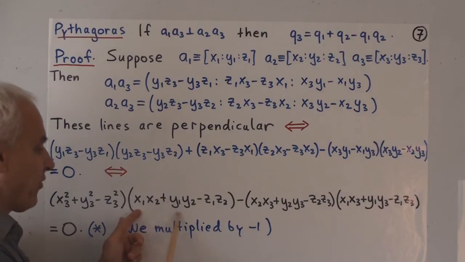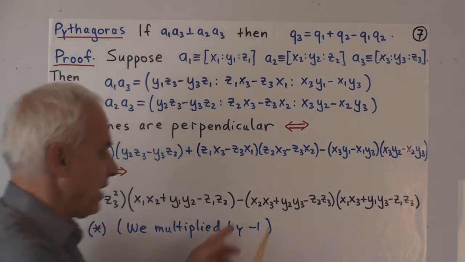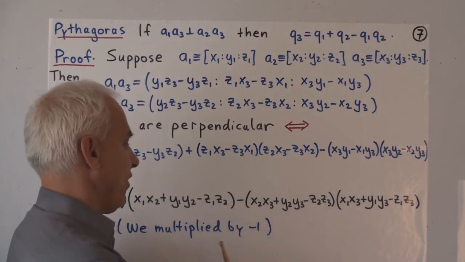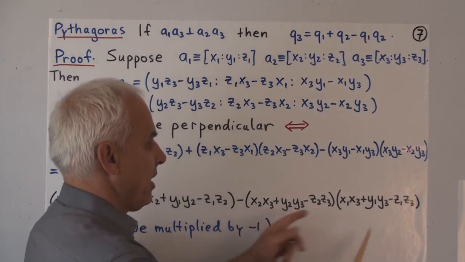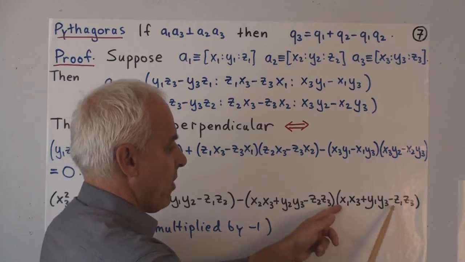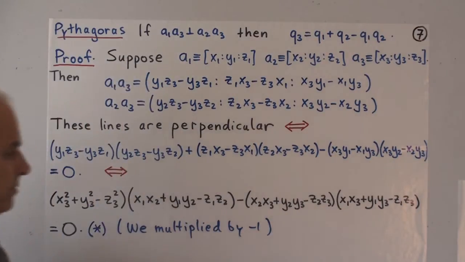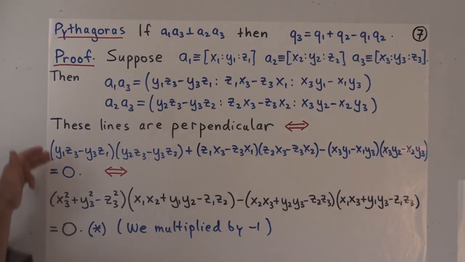Here's x1 x2 plus y1 y2 minus z1 z2. And here's the similar product as this one, two of them, x2 x3 plus y2 y3 minus z2 z3, and x1 x3 plus y1 y3 minus z1 z3. Great exercise: verify that if you expand this thing out, multiply everything by minus 1, then you can rearrange that to give this.